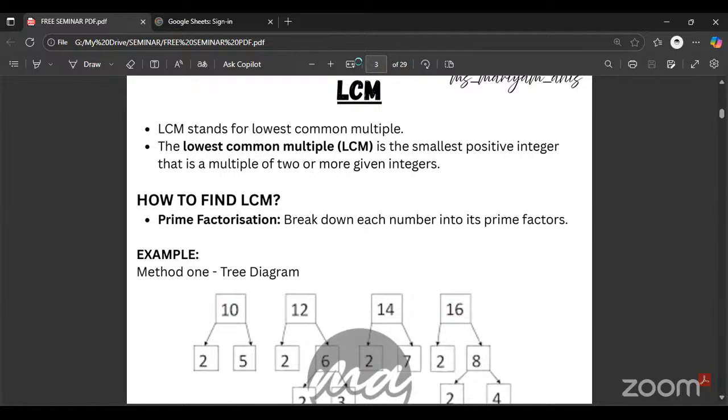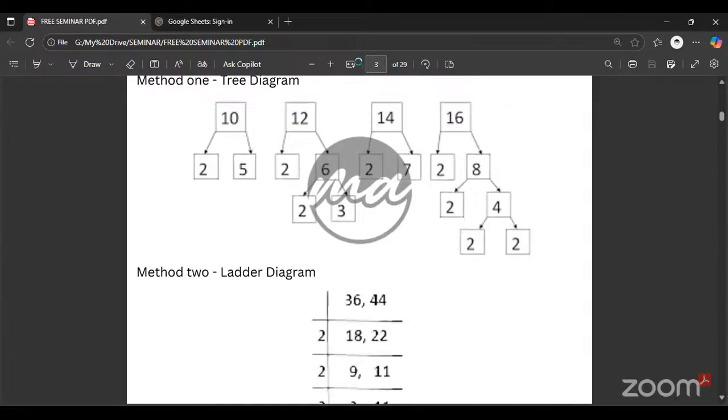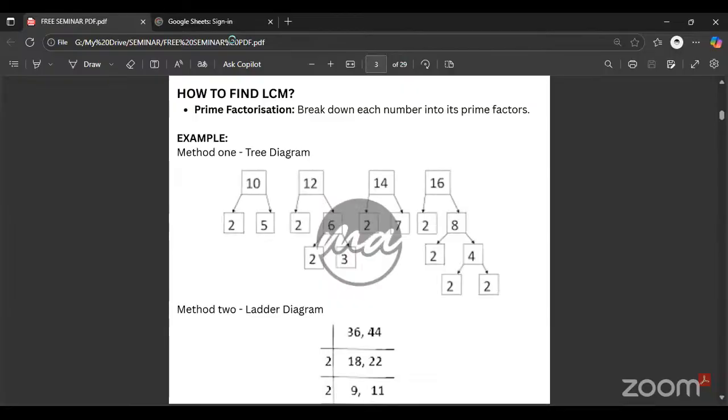Let's move to how to find LCM. We have two methods of finding LCM. To do LCM, we use prime factorization, which means breaking down each number into its prime factors. What does a prime factor mean?